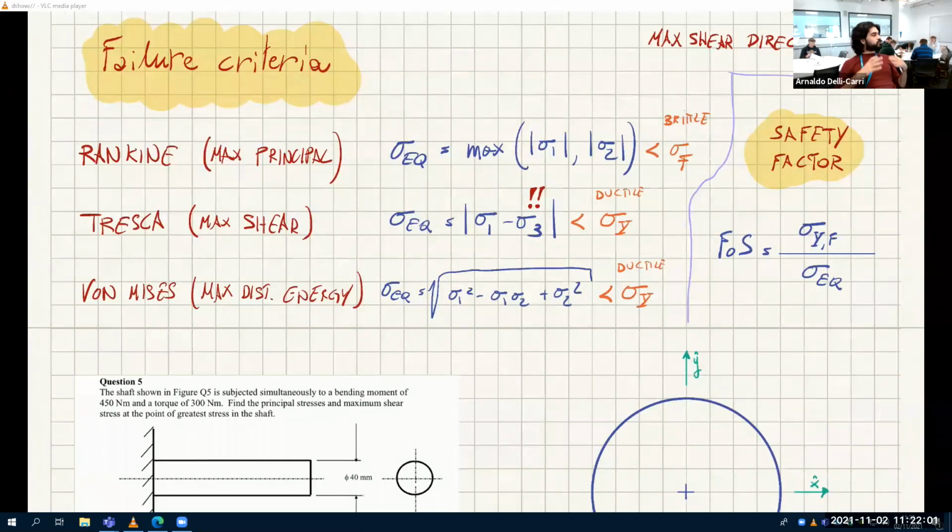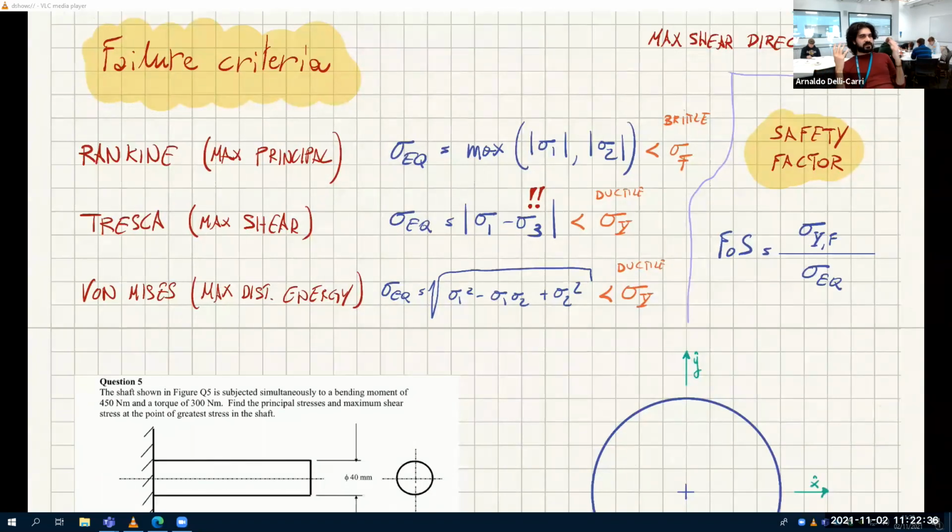Because even on 2D stress, you always have 3 principal stresses: sigma 1, sigma 2, sigma 3, and they are in order. You have to look at the infinitesimal like a cube always. So if sigma 1 is positive and sigma 2 is positive, sigma 3 is 0.